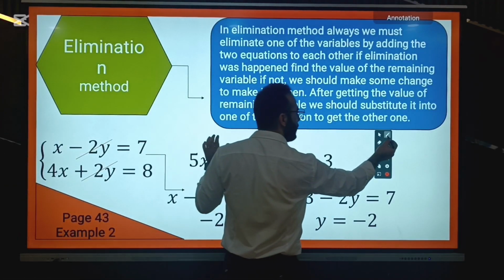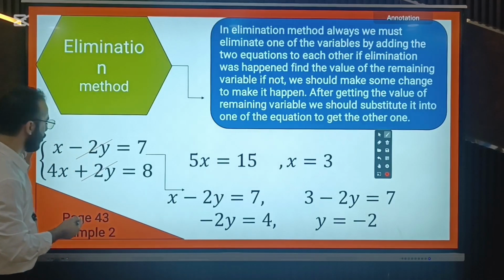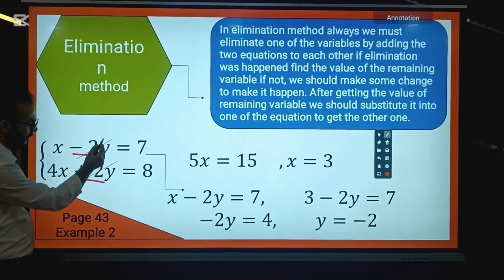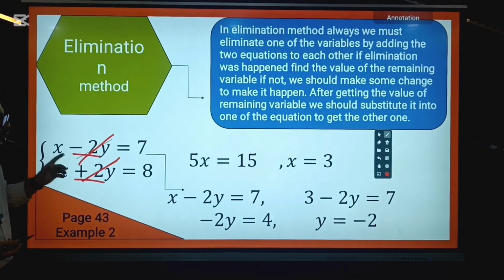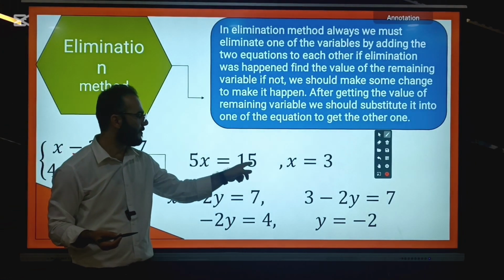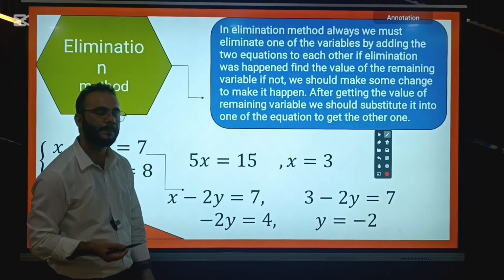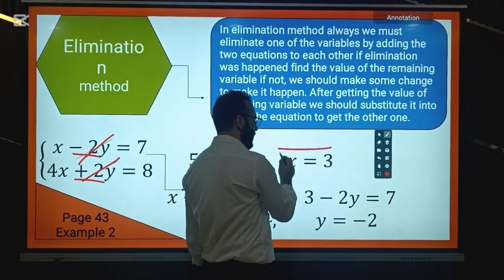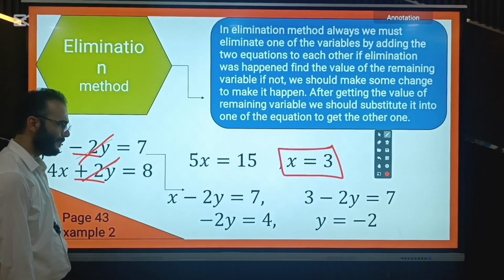These two have opposite and equal coefficients, so nothing in terms of y will remain. 7 plus 8 is 15, so 5x equals 15. That is a single step equation. Divide both sides by 5 and you get x equals 3. That is the answer for x.